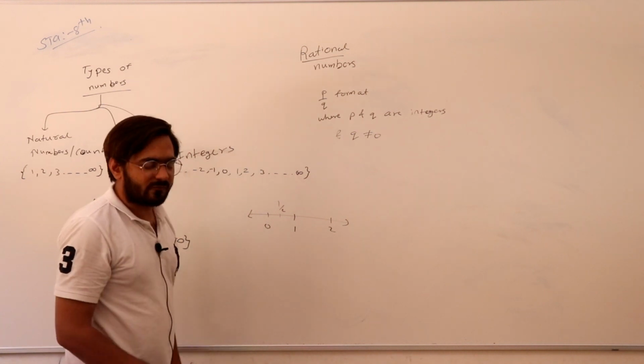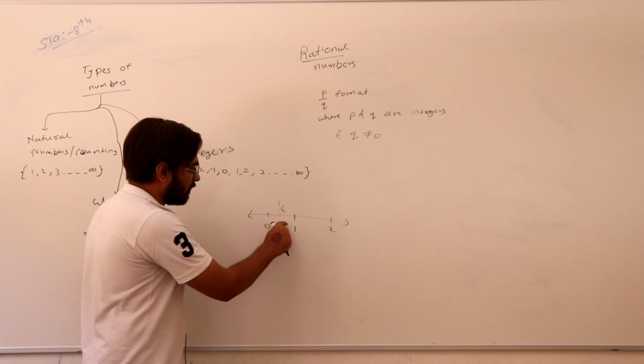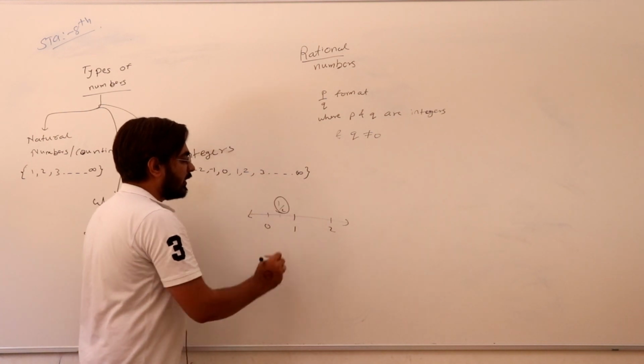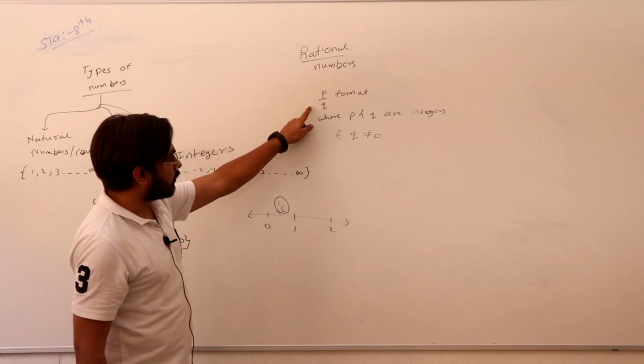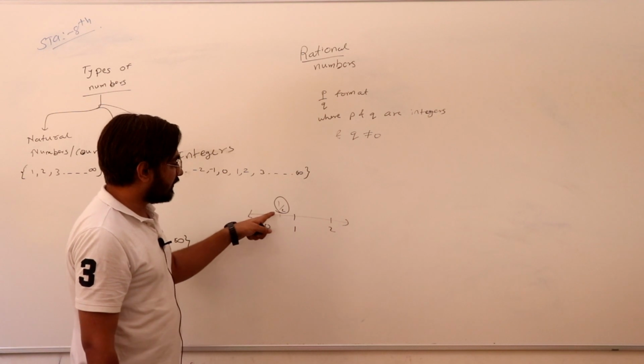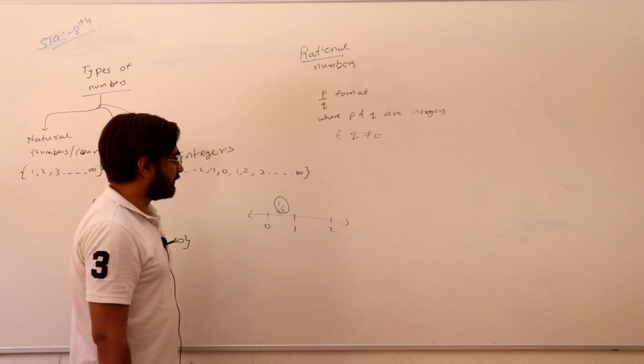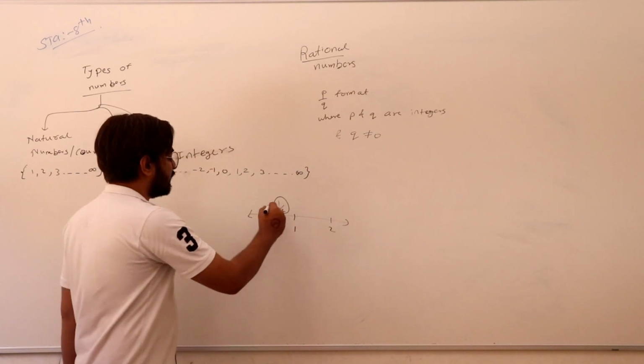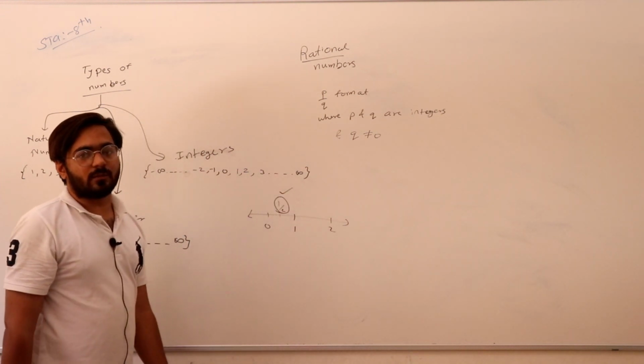Suppose 1 upon 2, half, is exactly midway between 0 and 1. This is in p upon q format: 1 is an integer, 2 is an integer, and q is not equal to 0, that is, 2 is not equal to 0. So this is a rational number.